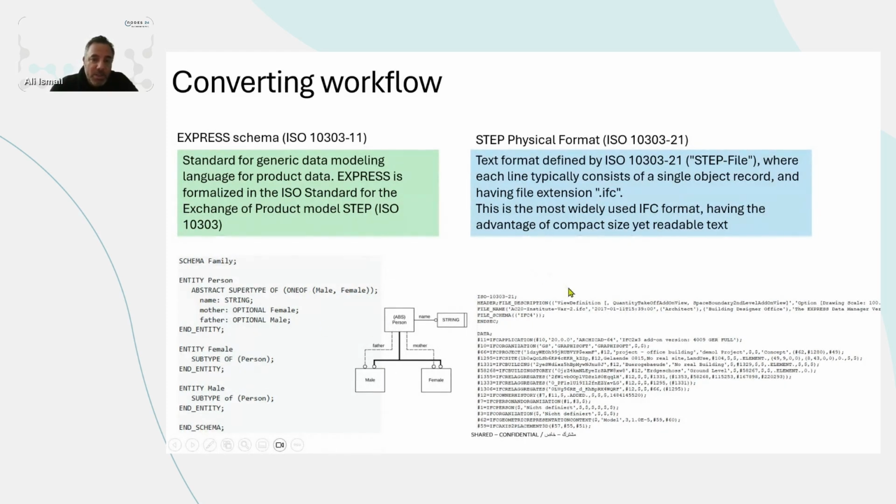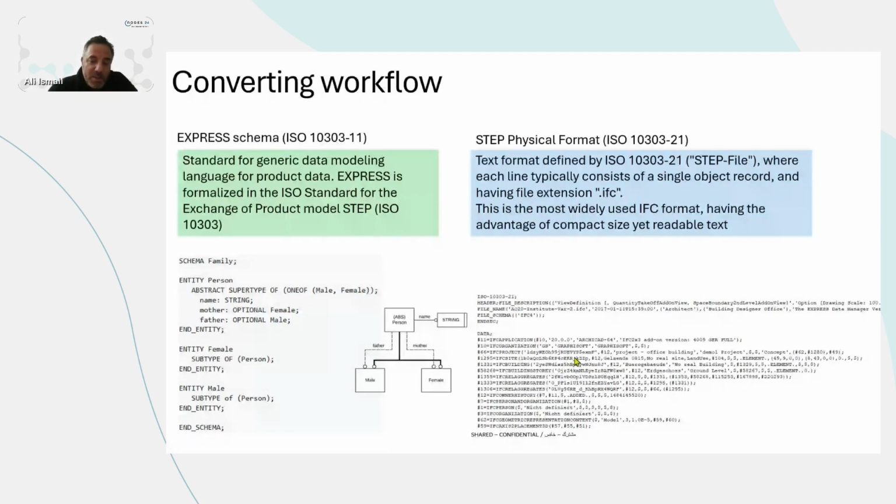On the other hand, the STEP physical format, which is also another standard, saves the information of the EXPRESS model in text-based form. And as you see here, this is a simple snippet of a simple IFC file. We see here we have a header section, and then a data section. In this data section, we have hundreds or 100,000 lines according to the size of the model.